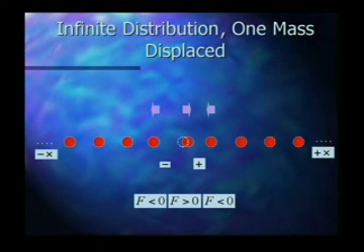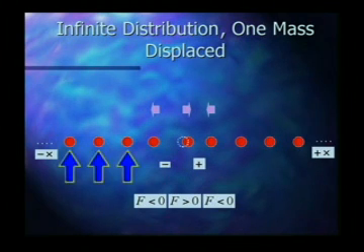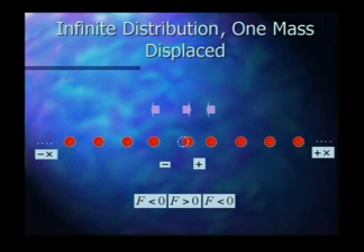And in fact, the forces on these particles are also not 0, but they decay away, and I just haven't shown that here. So you have forces pushing to the right and the left, and all you've done is you've displaced one mass from its perfect equidistant separation.